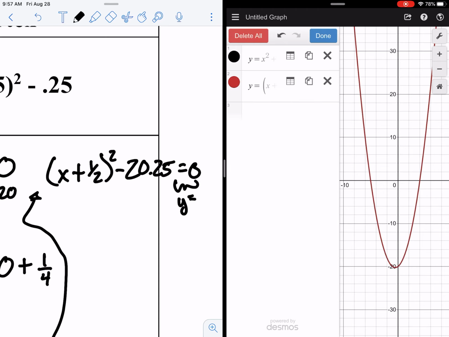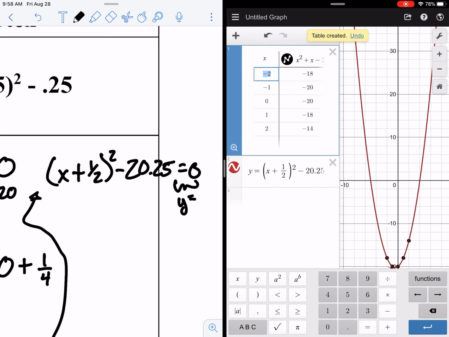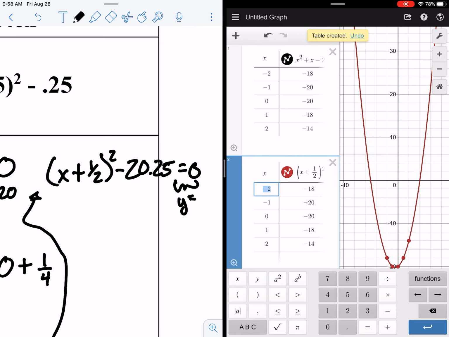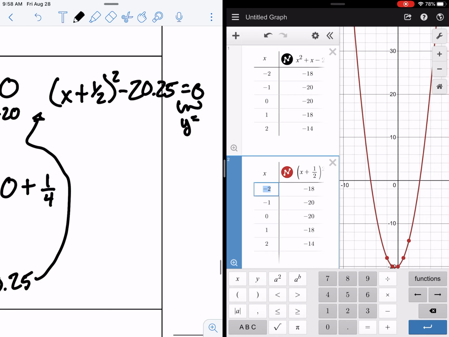Another thing I can do is pull up a table of what I originally had. I'm going to click on where my answer is and pull up another table. And again, 3 points. So I'm actually going to put a table in my answer choice.